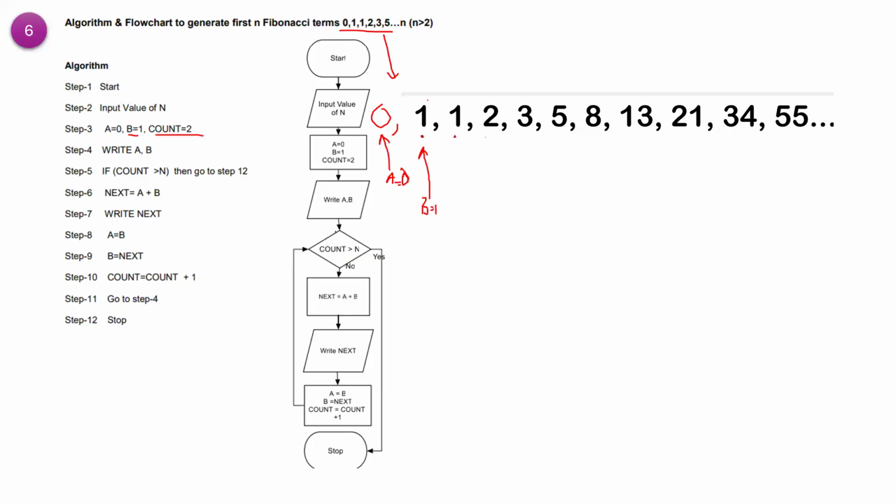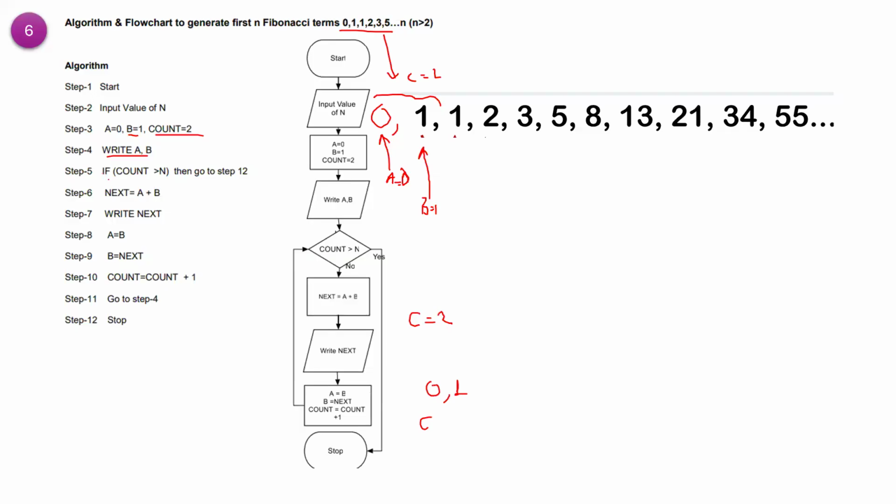And count should start with 2 because now we are done with the first 2 of the series. Now we have 2 numbers and we are printing our A and B in this order, and our count is 2 now because we are done with the first 2 of them.